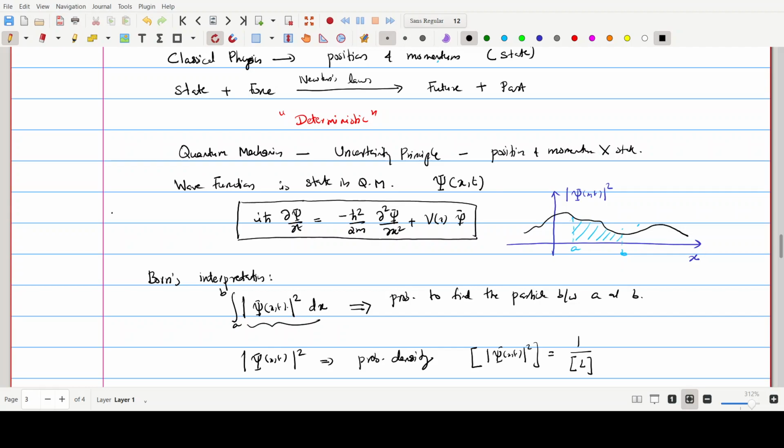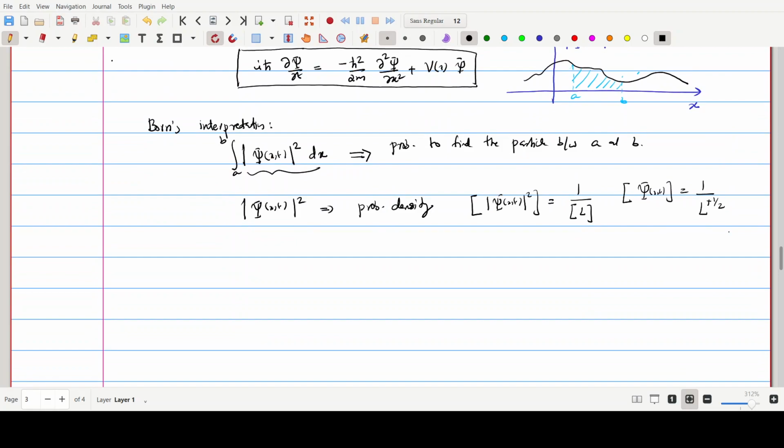Since dx has a dimension of length, mod psi square should have a dimension inverse to length. That means the dimension of the wave function psi should be 1 by L raised to 1 by 2, 1 by root L.